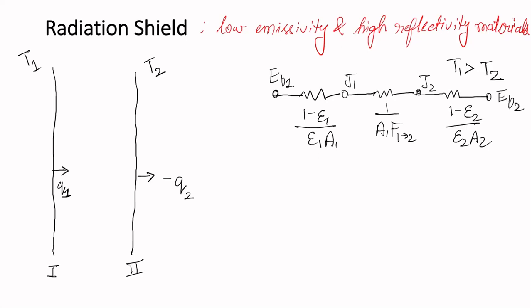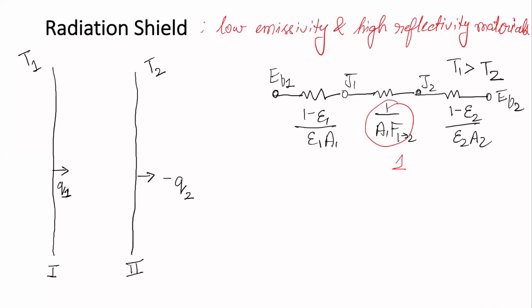Eb1 and Eb2 are the emissive powers, which can be found out using the Stefan-Boltzmann law, sigma T to the power 4, and then using the driving force over the total resistance. Also, in this particular case where we have flat plates, the view factor will be 1 and the areas would be the same, so this term in the middle will eventually become 1.